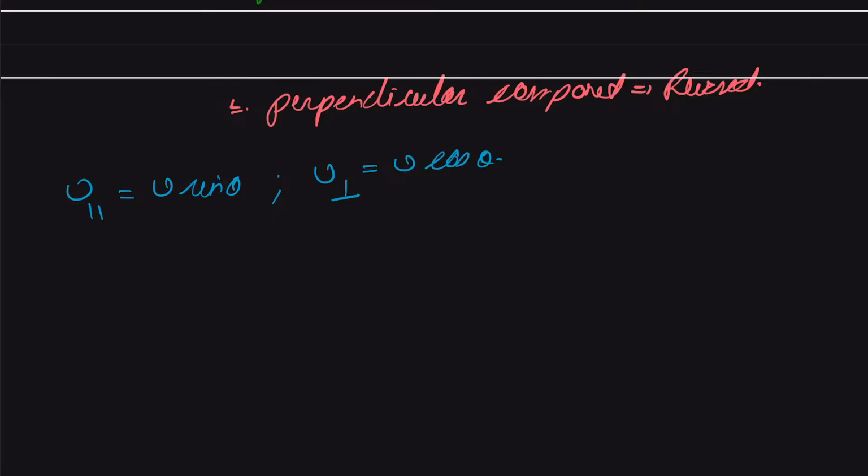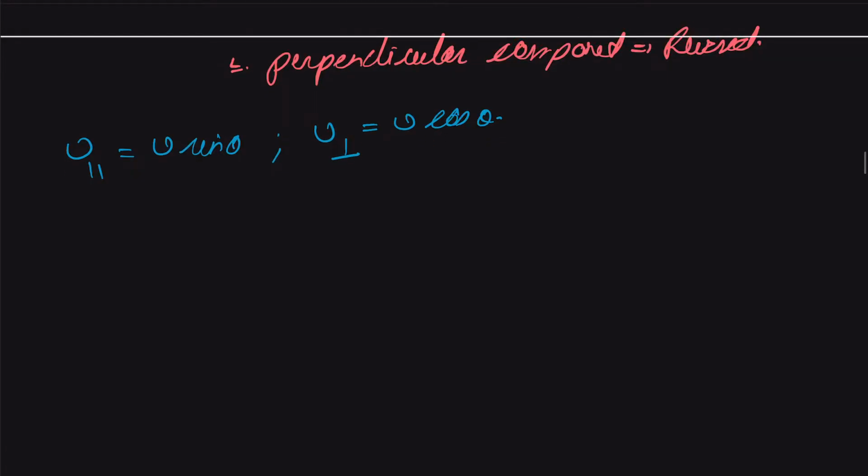If initial speed is v and theta is the angle it is making with the normal, then the parallel component of the momentum, P parallel, will be equal to mv sine of theta, and P perpendicular will be mv cos of theta.